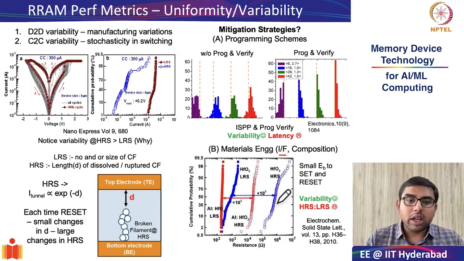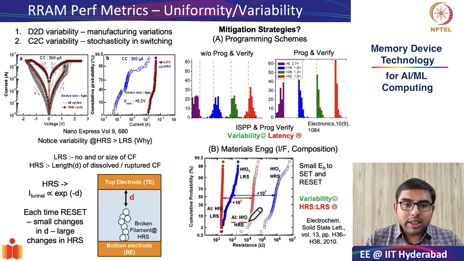So in this particular example, as you can see, you had a hafnia based RRAM, and it had quite a large spread both in LRS and HRS, but the moment you started doping or alloying aluminium along with this hafnia, there is a significant reduction in the variability as evident in the CDF curves.